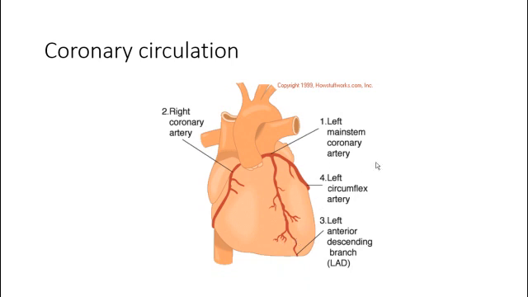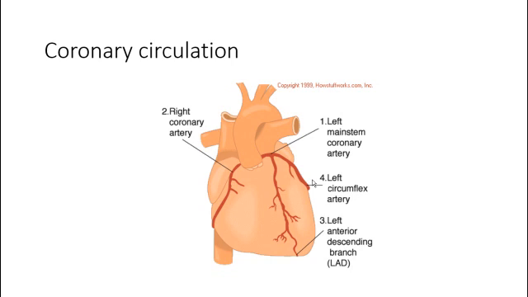The left circumflex, circumflex like circumnavigation or going around, you can see this is going around toward the back side of the left ventricle here. That's going to supply, again, the inferior wall of the left ventricle and left atrium, and then the other part of the sinoatrial node.